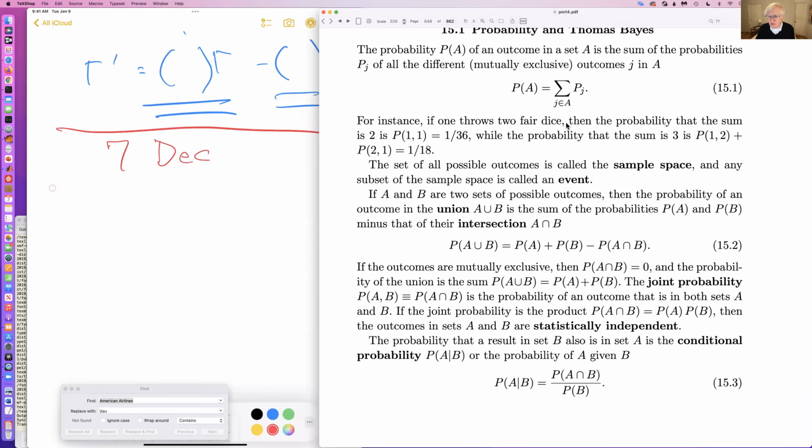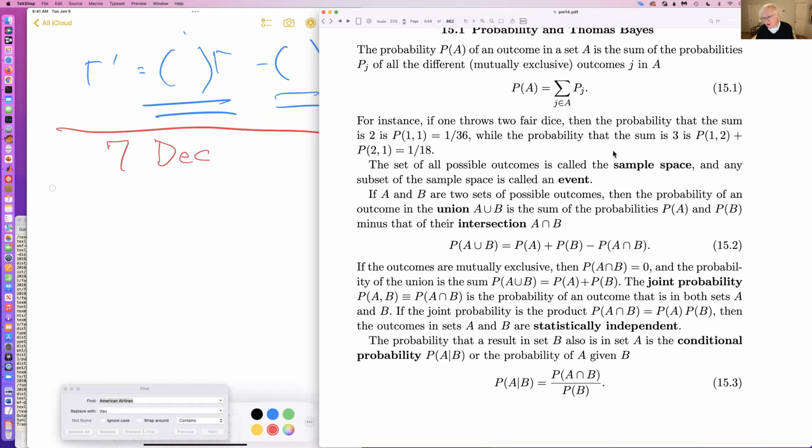So if you have dice, if you throw 2 dice, the probability that the sum is 2 is, there is only one way of it happening, namely that you get the number 1 twice, so that's 1/6 times 1/6, and that means it's 1 over 36.